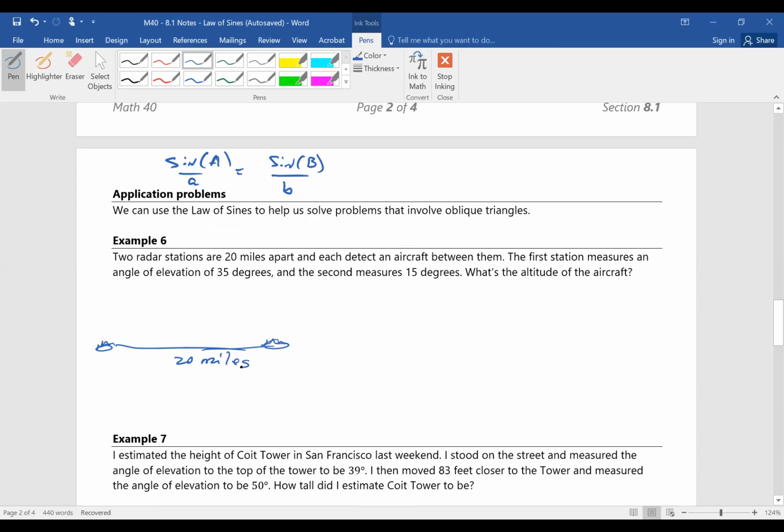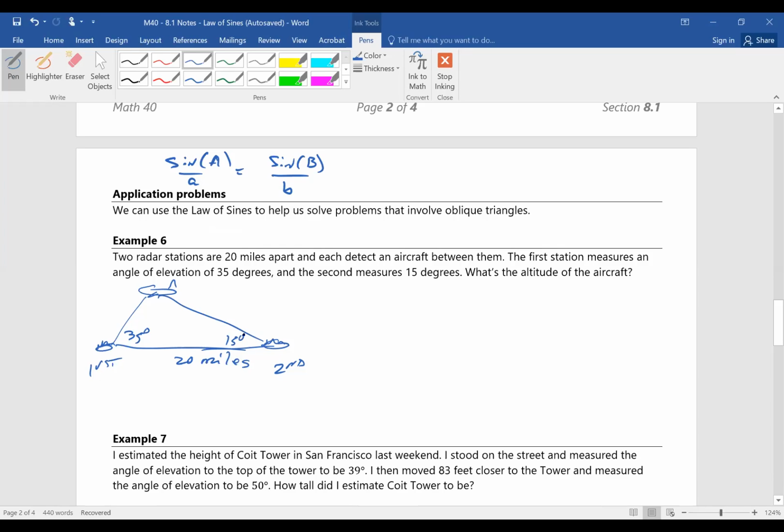Notice my units are in miles. And you have some aircraft flying above. Let's put the airplane here. And the angle of elevation with the first station is 35 degrees. And the second station is way over there at 15 degrees.